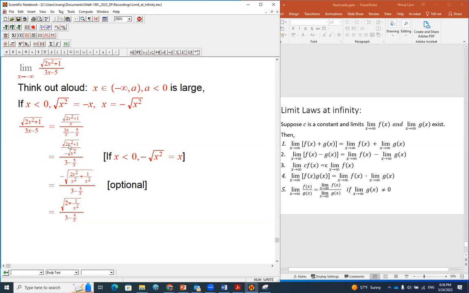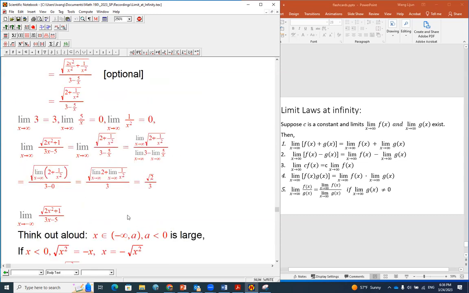And the square root of 2x squared plus 1 over the square root of x squared are going to be brought together. Everything is the same except you have a negative sign as extra, and you can bring the negative sign in front of the entire thing. So that's a different part.